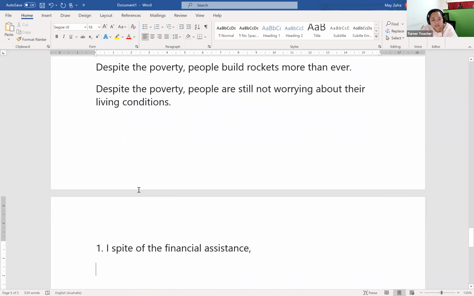Okay. Let's try a sentence in spite of the financial assistance. It has to be followed by an adjective plus noun. Sorry, financial assistance is adjective plus noun. So finish this sentence up.